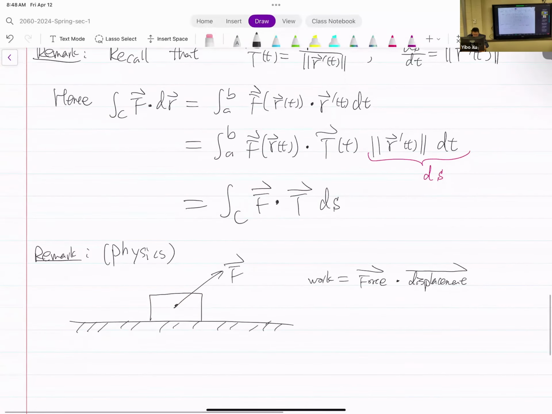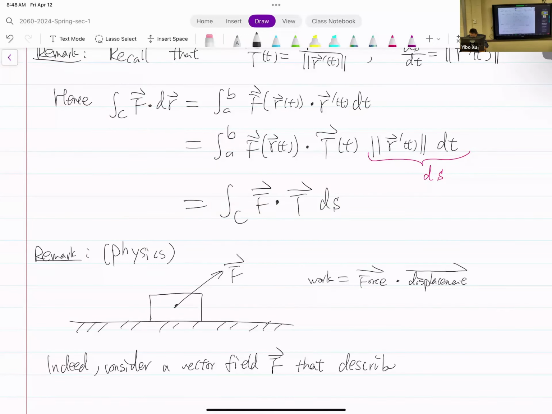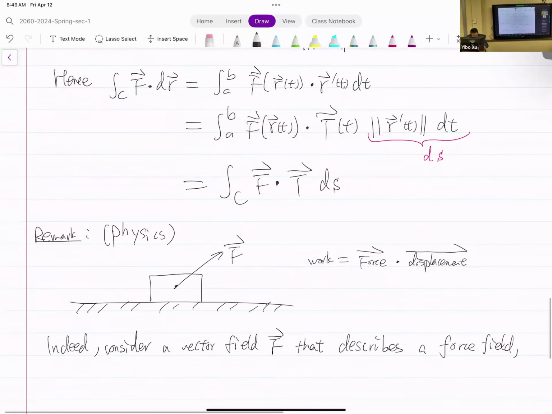Okay. So indeed, consider a vector field F that describes a force field and a particle that is moving along a curve C.